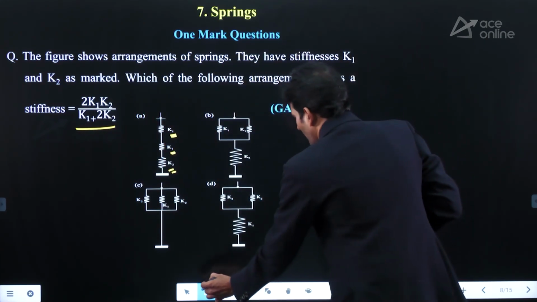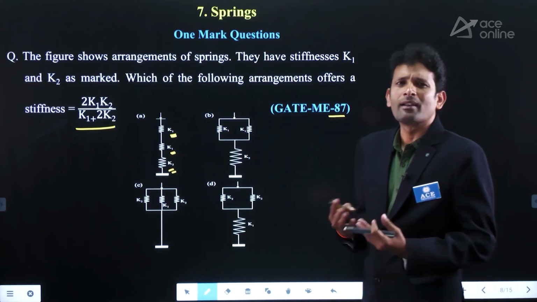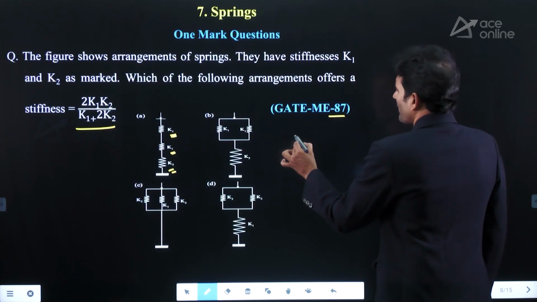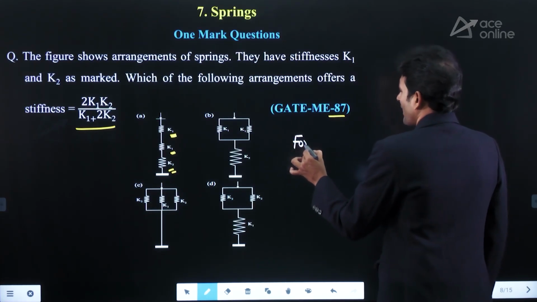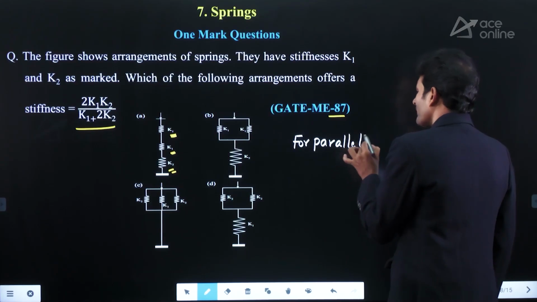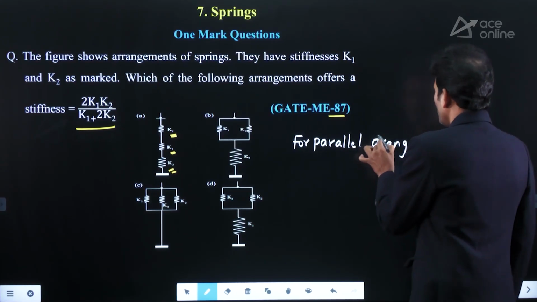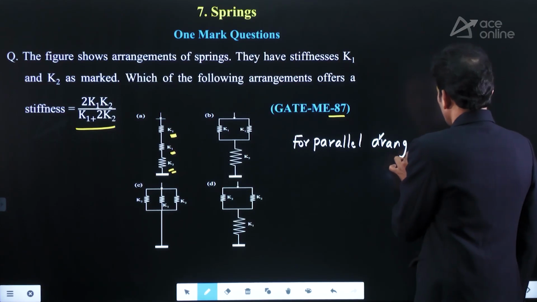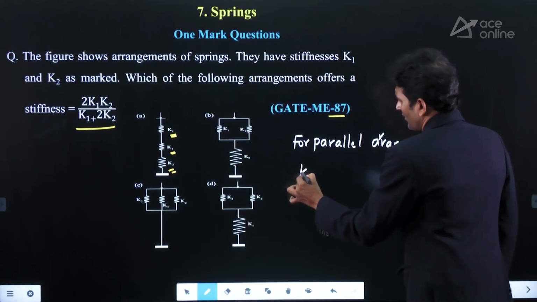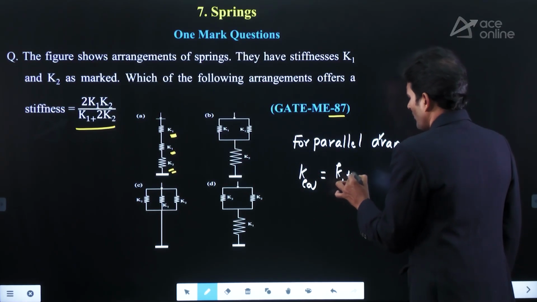Before I take this one, as we know, springs we can arrange in two ways: one parallel arrangement, second series arrangement. For parallel arrangement, K equivalent for two springs is simply K1 plus K2.